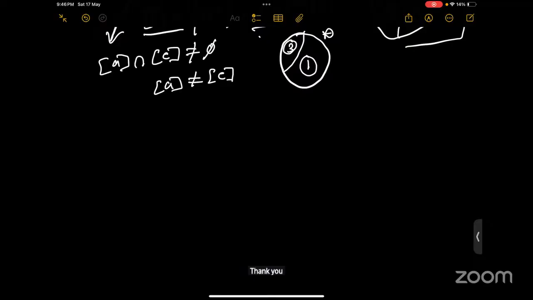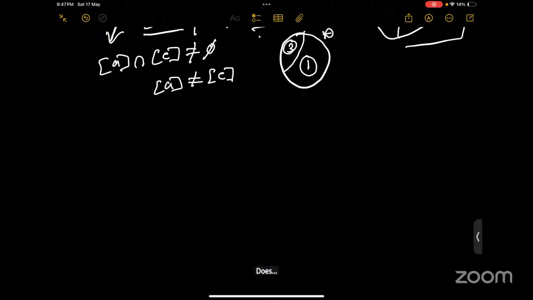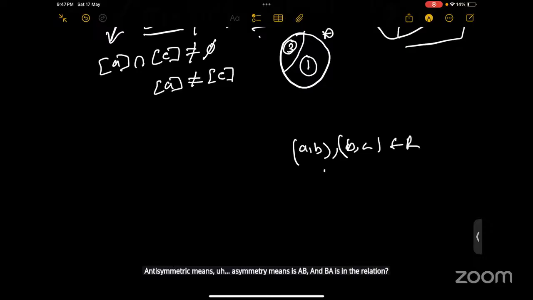Thank you, ma'am. I think you interchanged the antisymmetric and asymmetric definitions. Antisymmetric can have loops, no reflex. Antisymmetric means if (A, B) and (B, A) are in the relation, it will imply A equals B. This is asymmetric.